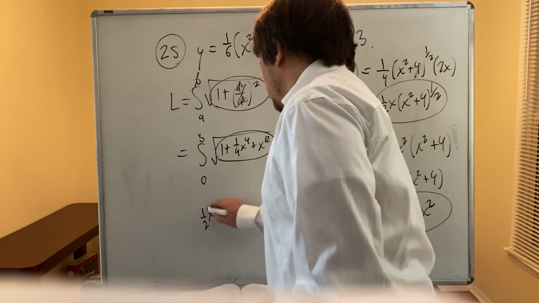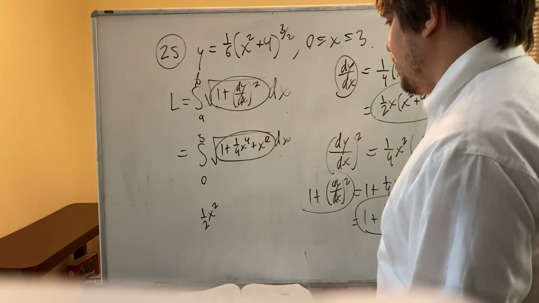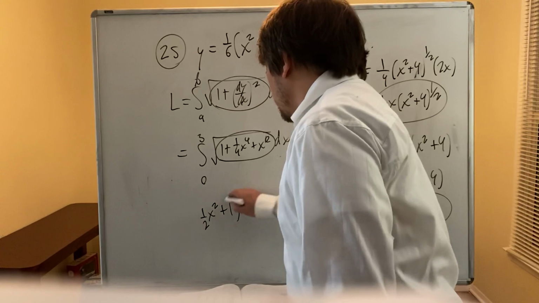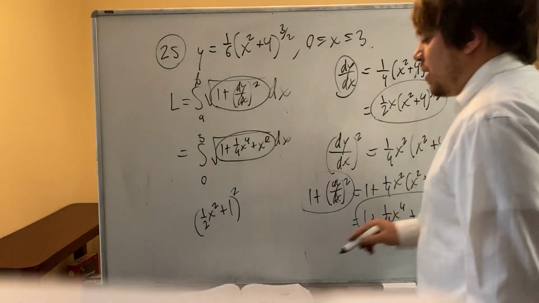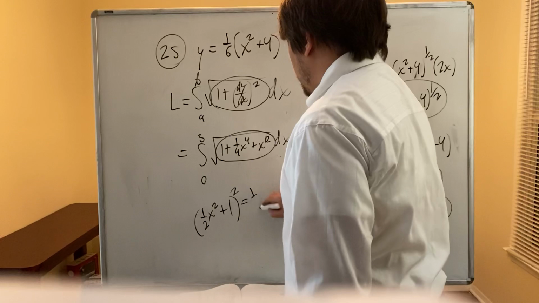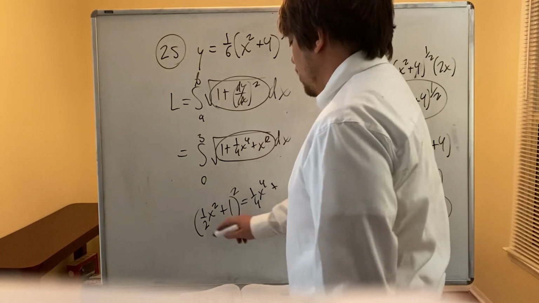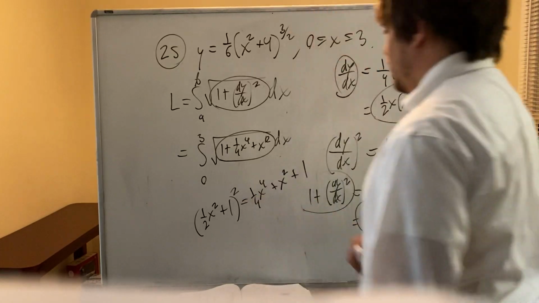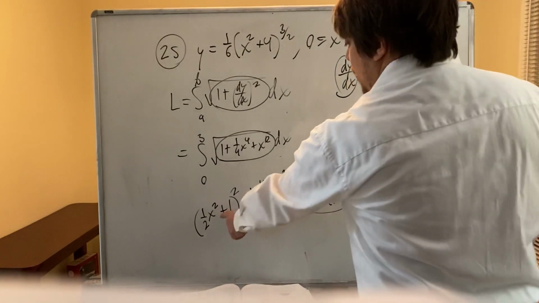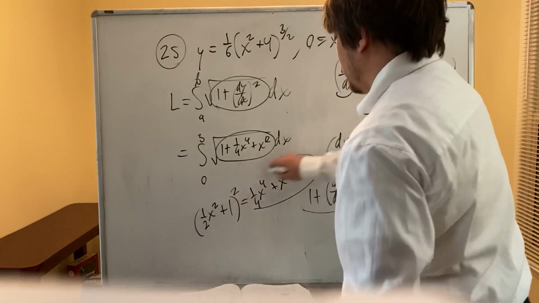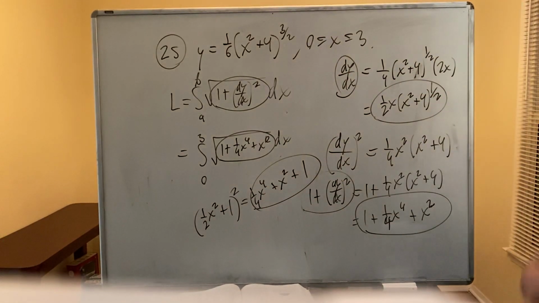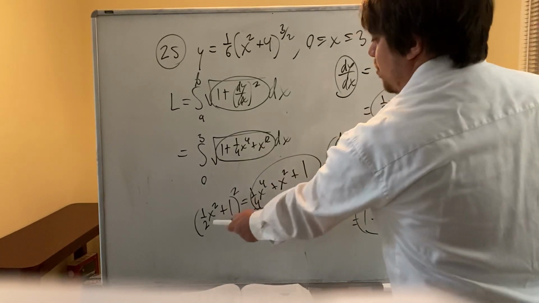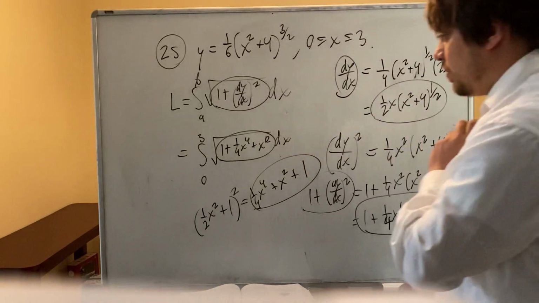So figure 1/2 x squared is one term. 1/2 x squared plus 1, squared. If you square that, you get 1/4 x to the 4th plus 1/2 x squared plus 1/2 x squared, which is plus x squared, and then plus 1. That's it. 1/2 x squared plus 1 squared is 1/4 x to the 4th plus x squared plus 1. And so what's encircled in here can be replaced with (1/2 x squared plus 1) in parentheses squared. So I'm going to do that.